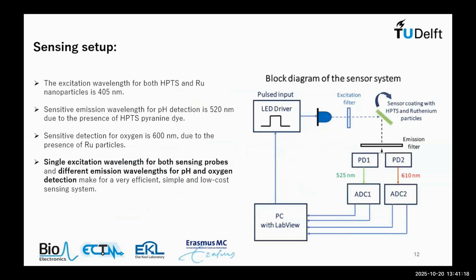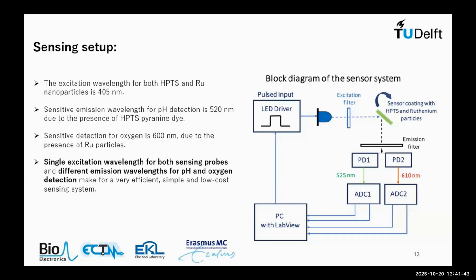Basically, the setup, here we see the source, which is actually near UV light. You have the filter here. Here is the layer containing the ruthenium and the other particles. And you have two photodiodes here, one for measuring the green light and the red light.